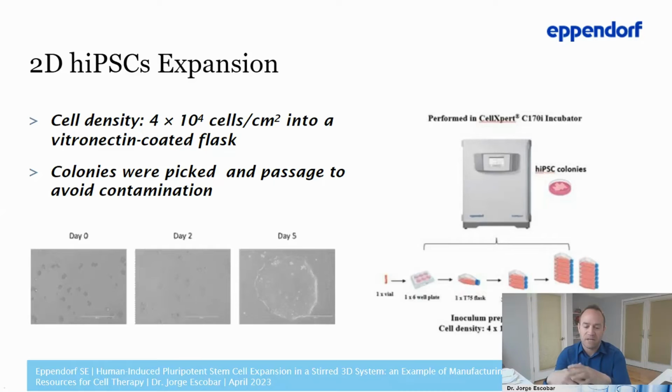We changed the medium the day after seeding, and then every other day until the cells reached the desired confluency. We continued this expansion process, as shown in this slide, until we obtained more than 800 million cells, the amount sufficient to prepare the inoculum for both bioreactors.